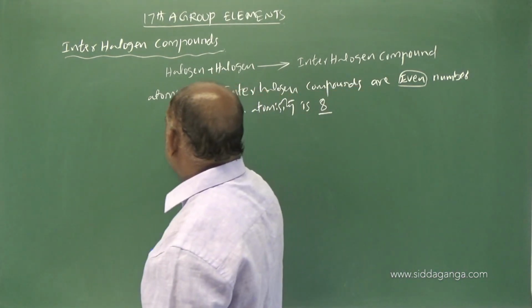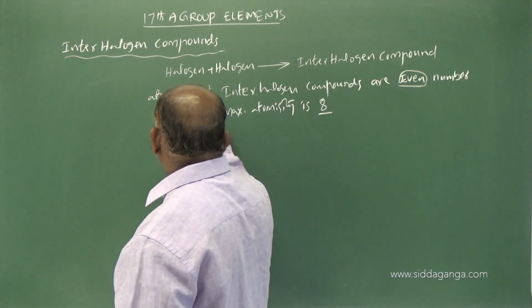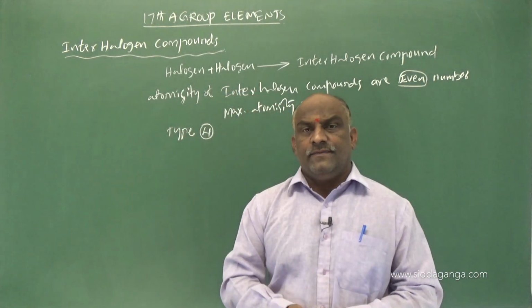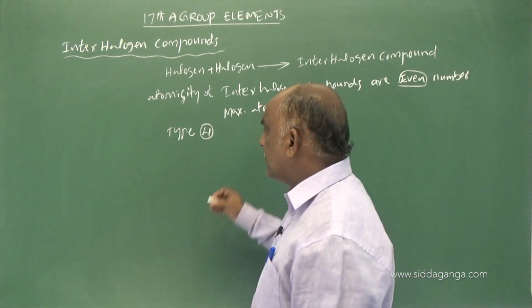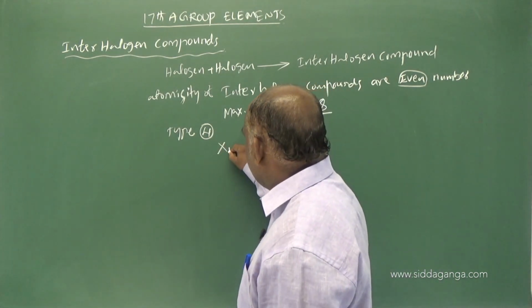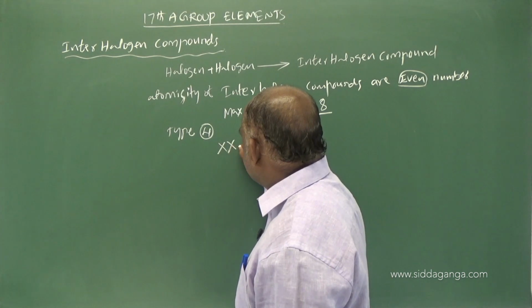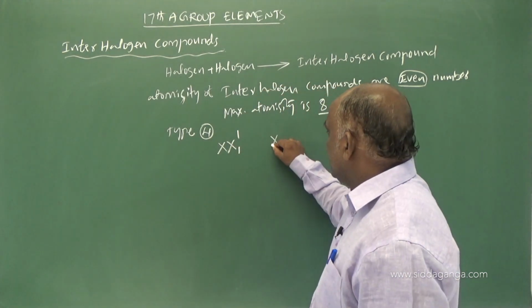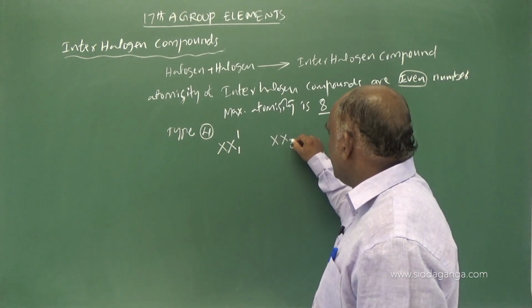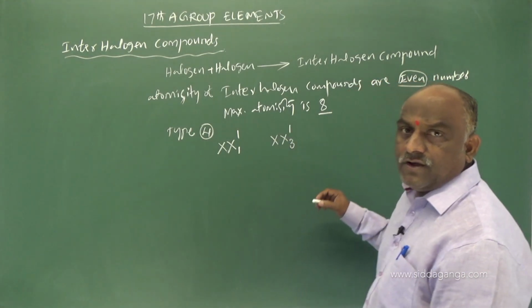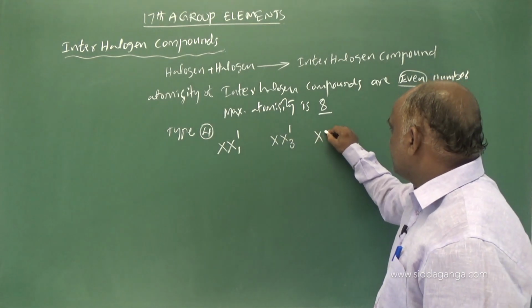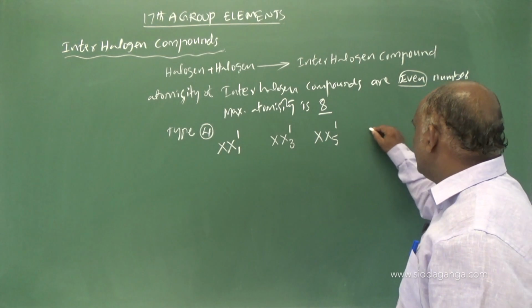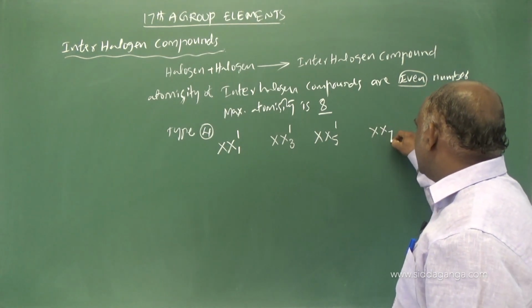And here these interhalogen compounds are further classified into 4 types. What are the 4 types? XX1 dash, next one is XX3 dash, followed by XX5 dash, and the last one is XX7 dash.